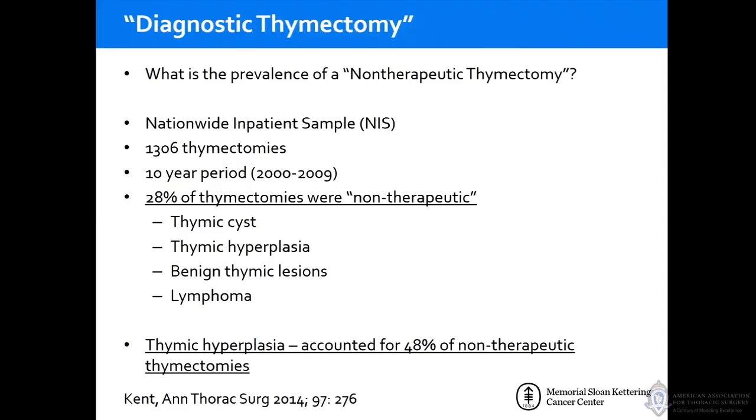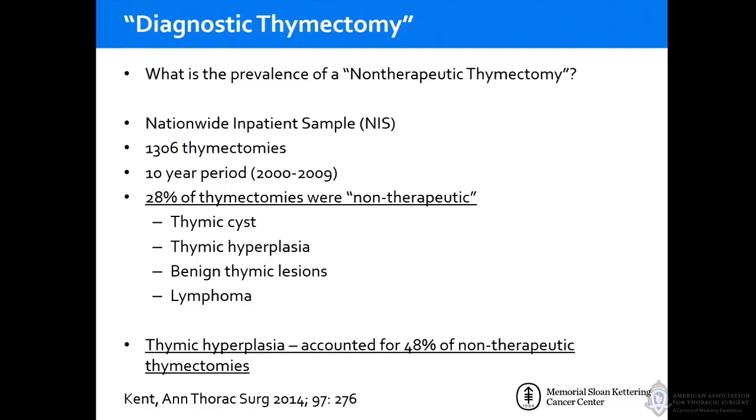Well, Mike Kent and the group at the BI Deaconess took a look, and this is probably the largest look at this question, using the nationwide inpatient sample, the NIS. It contained 1,300 thymectomies over a 10-year period, and when they went and looked at it, 28%, over a quarter of these surgeries that were done were considered non-therapeutic, meaning that they took out benign lesions or lymphomas, and there was absolutely no therapeutic benefit for the patient whatsoever.